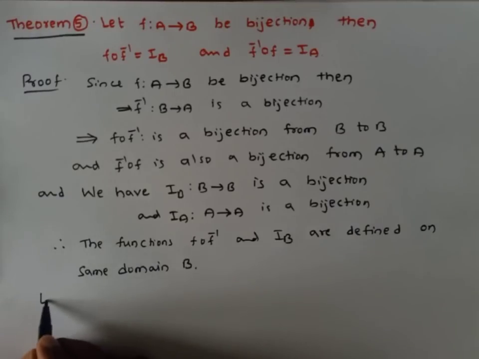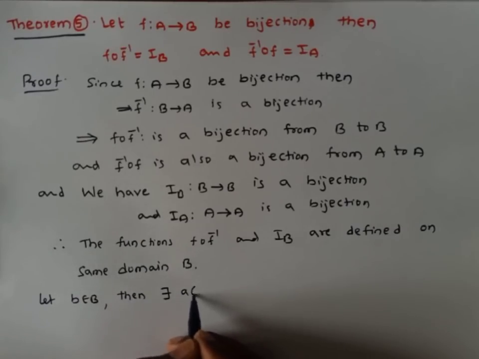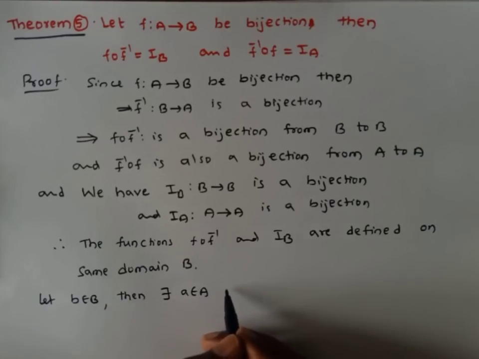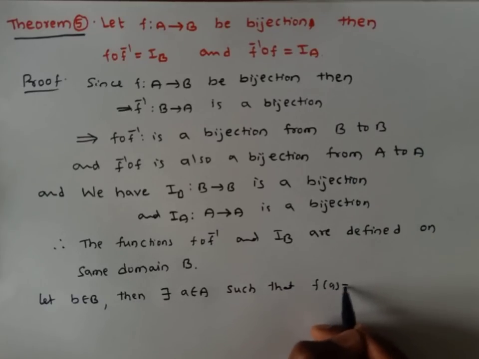So let b belong to B. Then there exists an element a belonging to A such that f of a is equal to b.